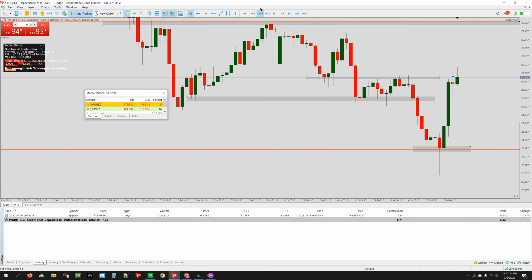So that's it. For me, it can keep moving up, but the trade is invalid as per my trading plan and as per my patterns. So yeah, that's it for today.